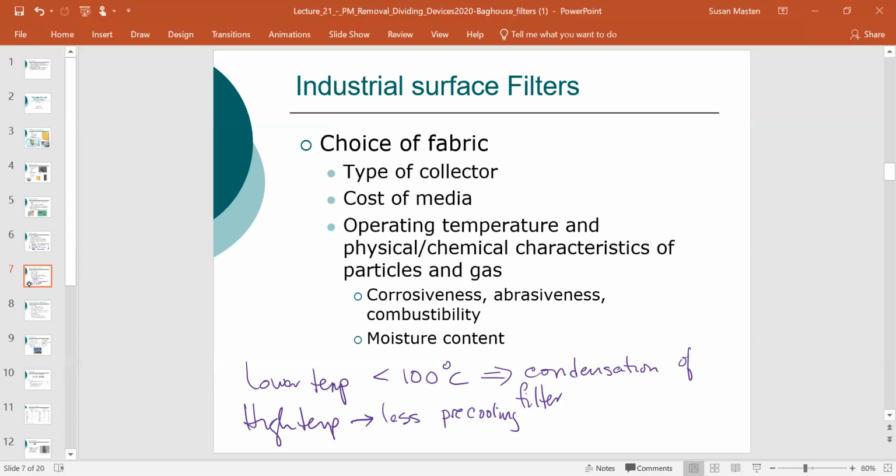But then we have to be careful: higher temperatures mean a higher likelihood of an explosion or a fire. So it's essentially those two issues, lower temperature condensation and higher temperature less pre-cooling. Those aspects are played off against one another to decide what the operating temperature is.